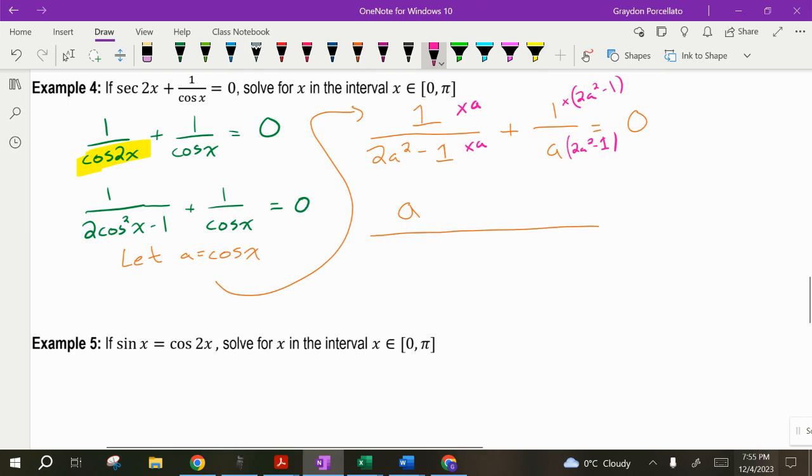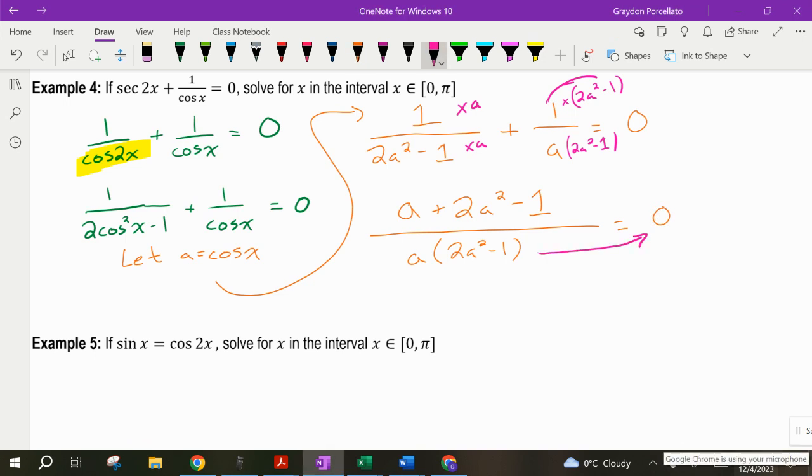If I distribute the 1, I get plus 2a squared minus 1, all over a times (2a squared minus 1) equals 0. If I cross multiply, this denominator just goes away. And so all we're left with here is 2a squared plus a minus 1 equals 0.